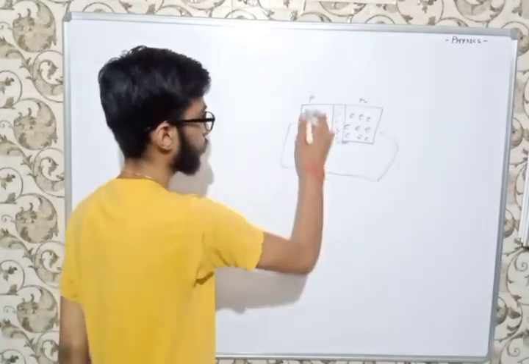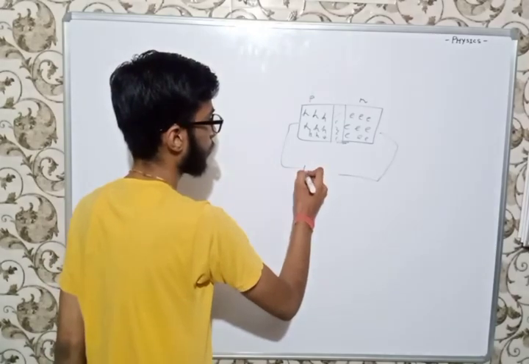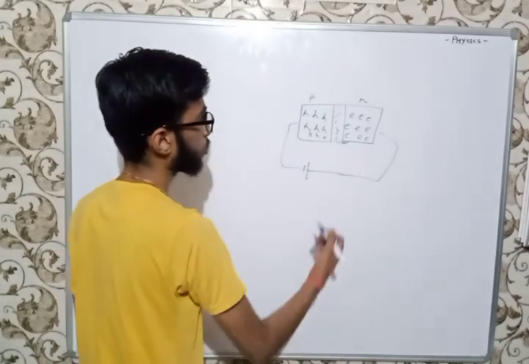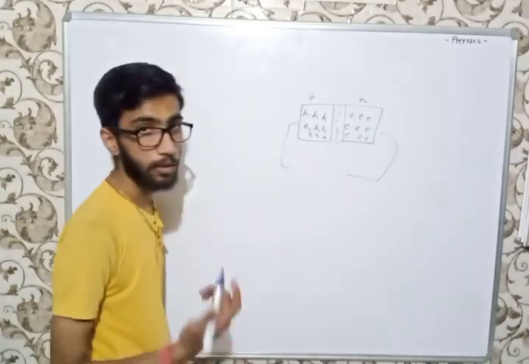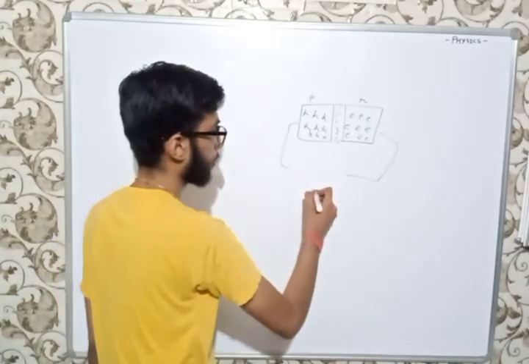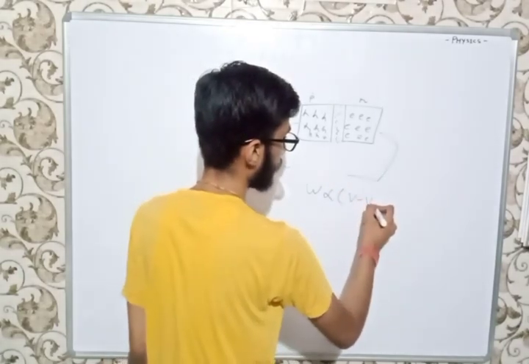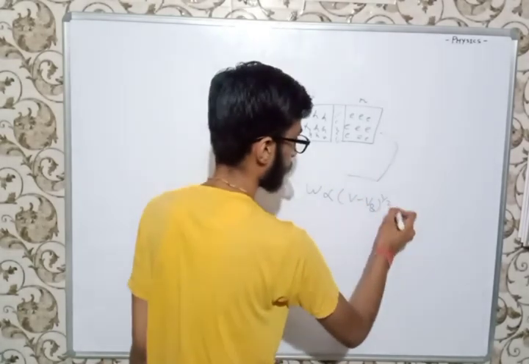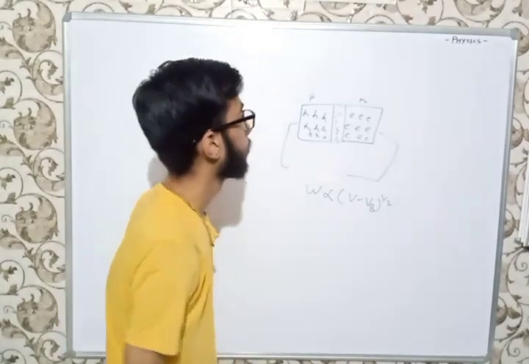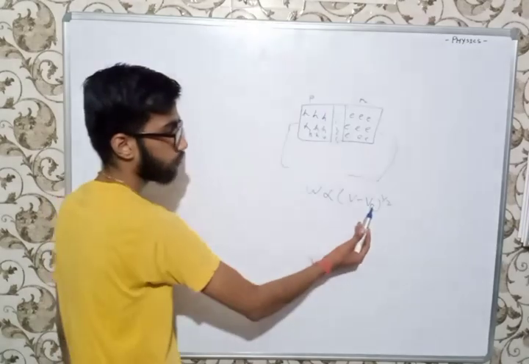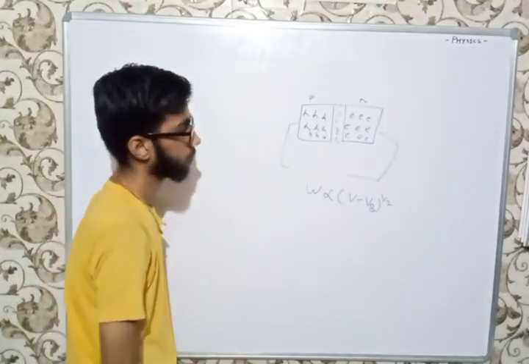If P is connected to the higher terminal of the battery, that is forward bias, and if you reverse the polarity, it is called reverse biasing. The width of the depletion layer is proportional to (V minus VB) to the power half, and you have to take the sign of V as well. For forward bias, V is positive, and for reverse bias, V is negative.